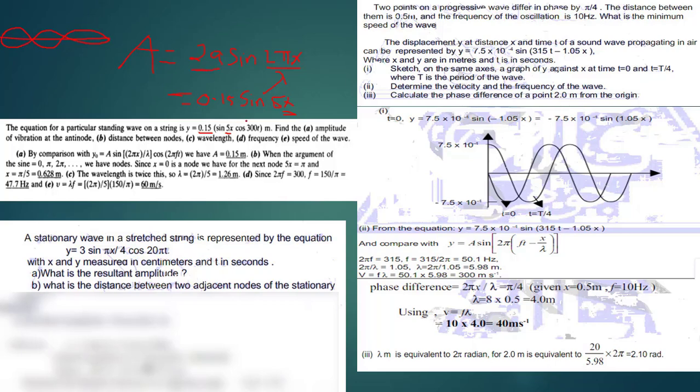But for this case, the x, the distance or point we were allocated to find the amplitude at, is the antinode. We know the antinode is the point of maximum displacement, so it will be here in the middle.